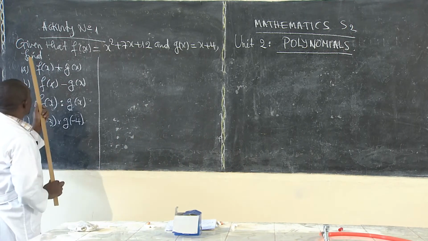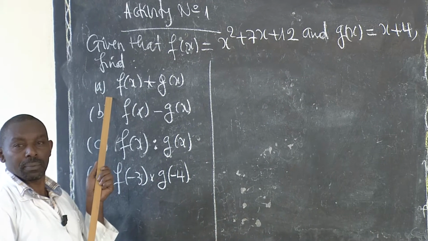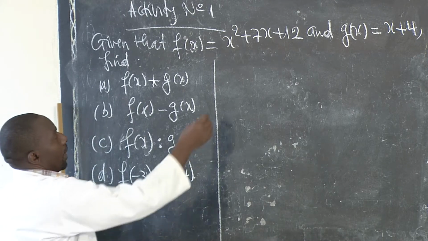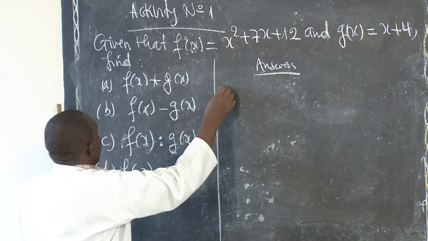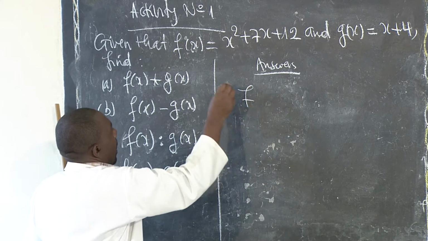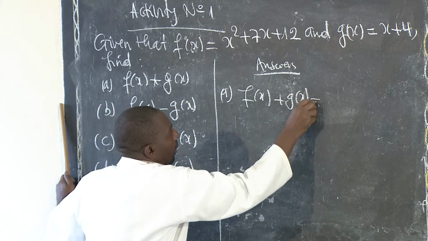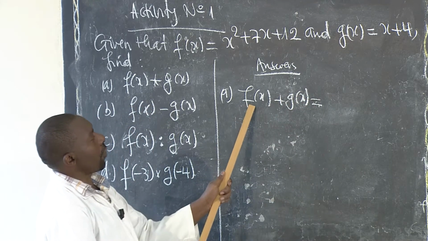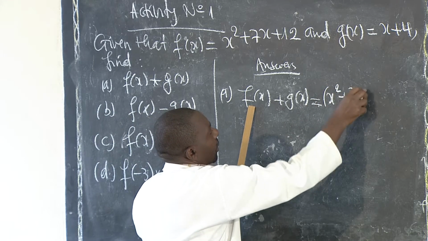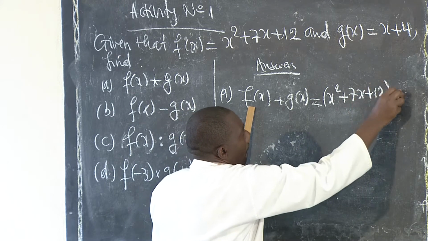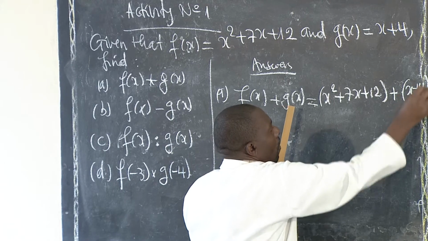Now, we have our two polynomials, and we need the sum. Answers. f of x plus g of x is equal to f of x, which is x squared plus 7x plus 12, plus g of x, which is x plus 4.